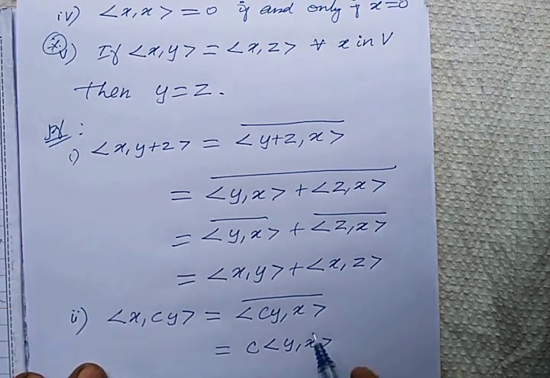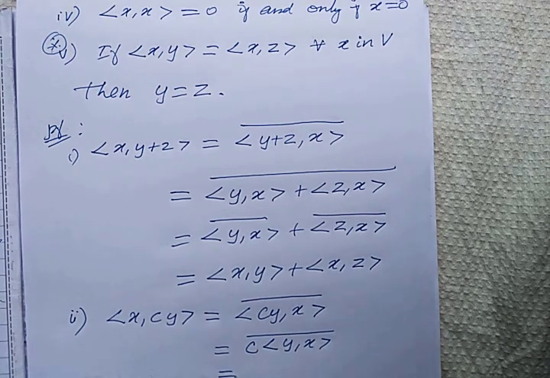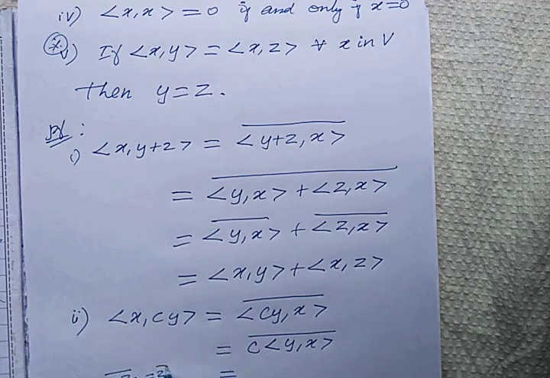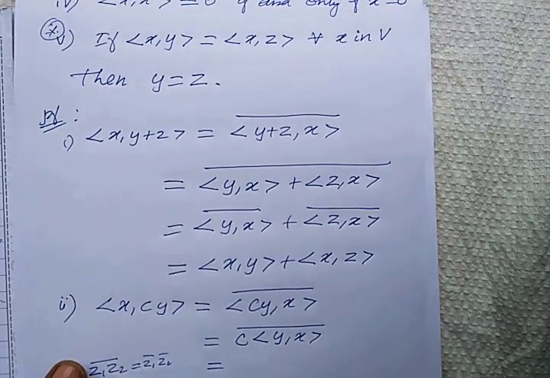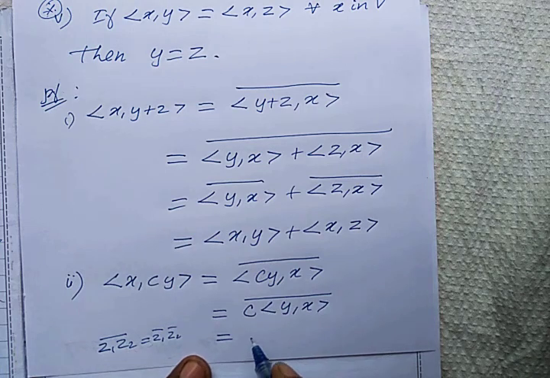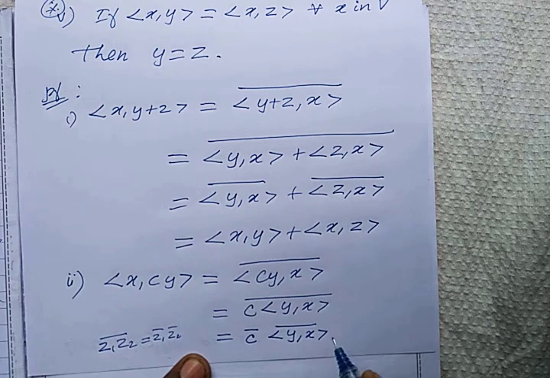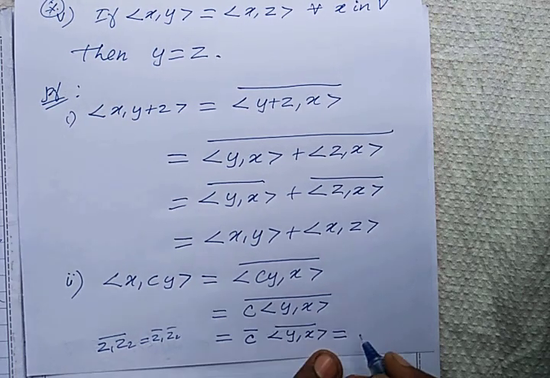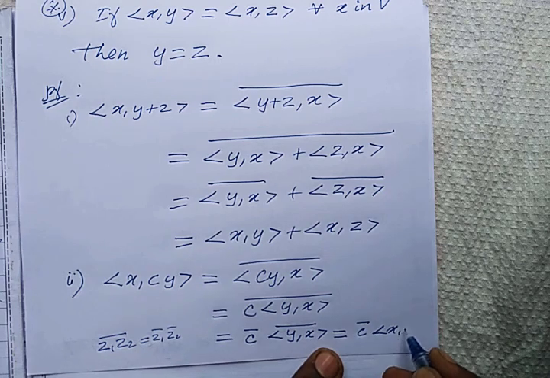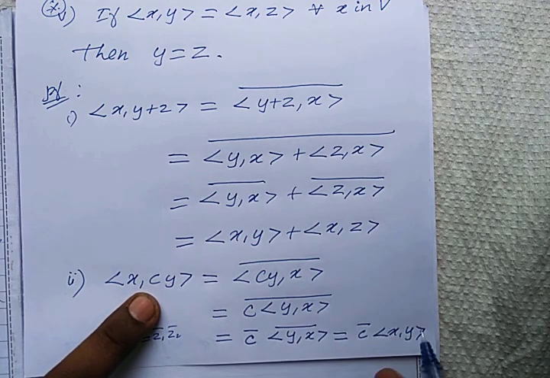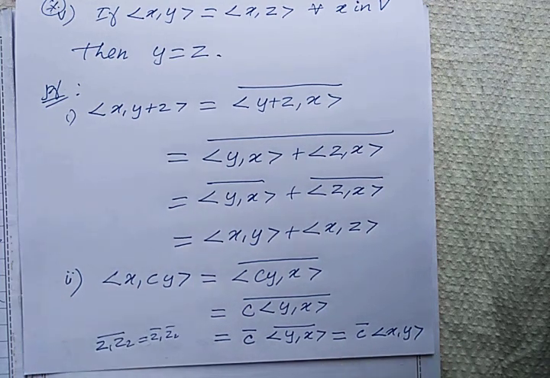Now we have to put the whole bar as it is, and the bar can be separated: (Z1 Z2) whole bar is equal to Z1 bar times Z2 bar. So this is equal to c bar times inner product of y comma x, the whole bar. So this is equal to c bar times inner product of x comma y. So in the second component the constant has been taken outside but the bar has come. The second thing is also proved.